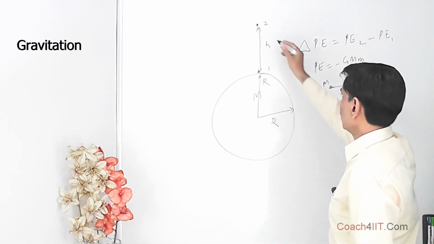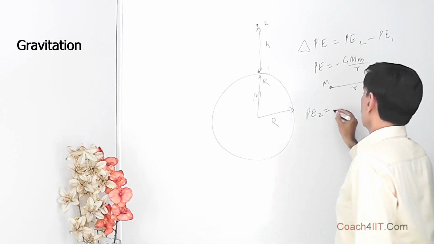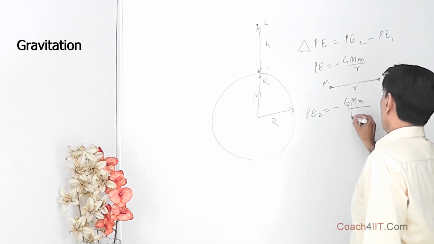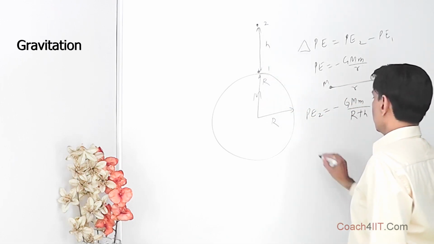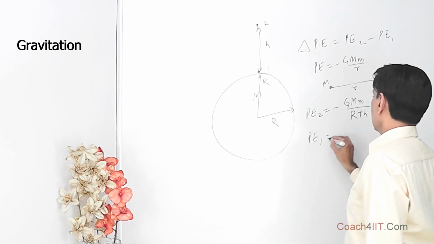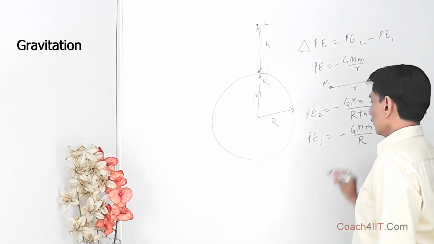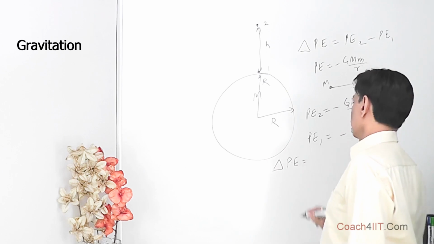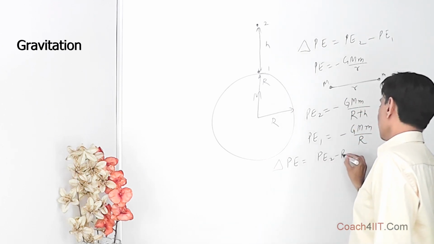So when we take the first case, for PE2 the gravitational potential energy is minus GMm upon R plus h, that is the distance between the two centers, and PE1 is equal to minus GMm upon R.